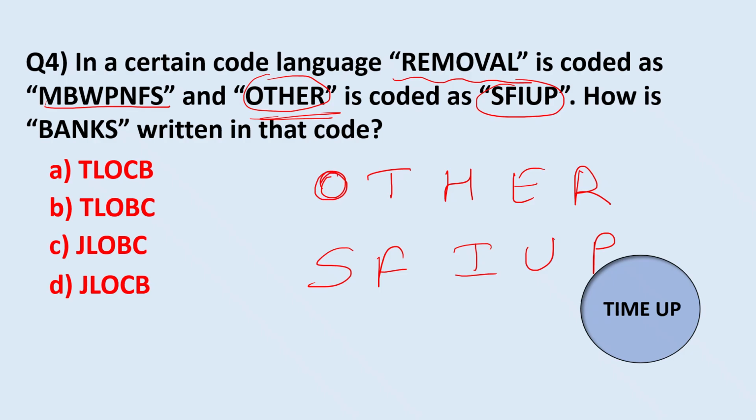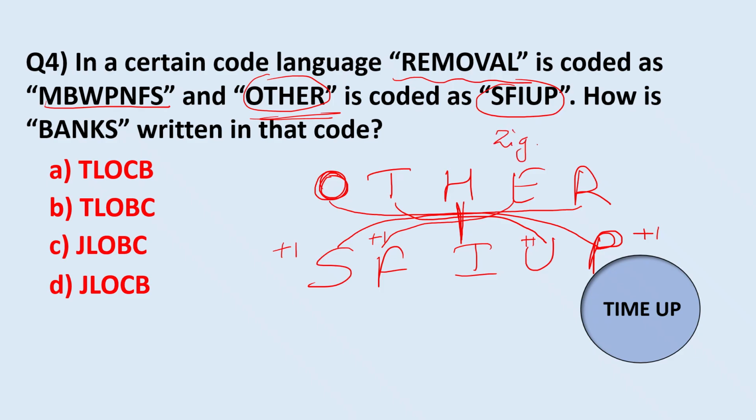So if you see, O is here, P is here. So O plus 1 when you do, you will get P. R plus 1 when you do, you will get S. T plus 1 when you do, you will get U. E plus 1 when you do, you will get F. And H plus 1 will be I. So this is a zigzag pattern which they have used to decode this question.